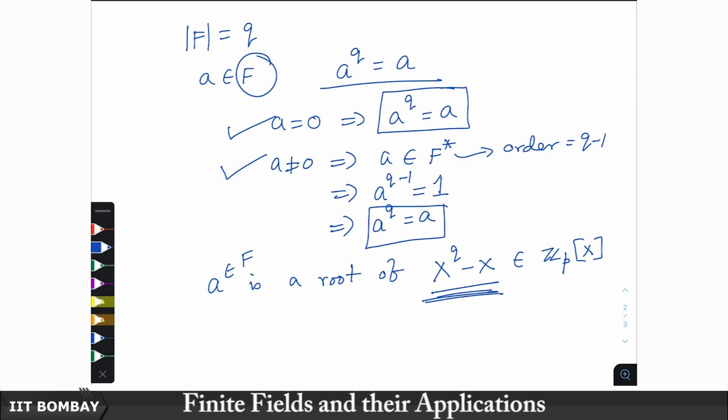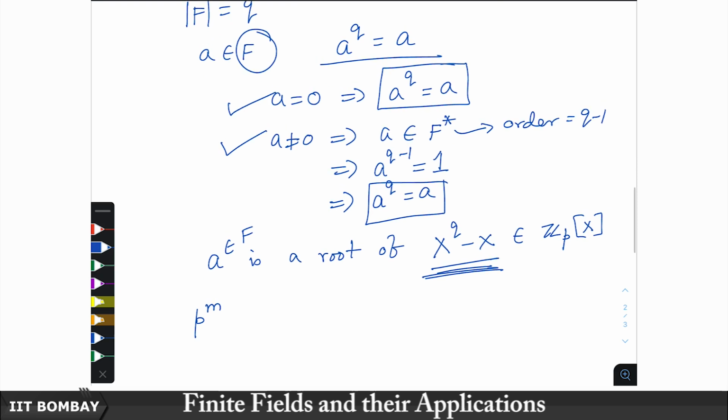Now, this is when a field is already given. Now, if we take any p power m, can we show that there is actually a field with so many elements and they are roots of x power p power m minus x?